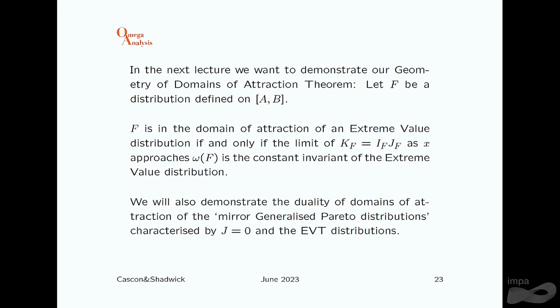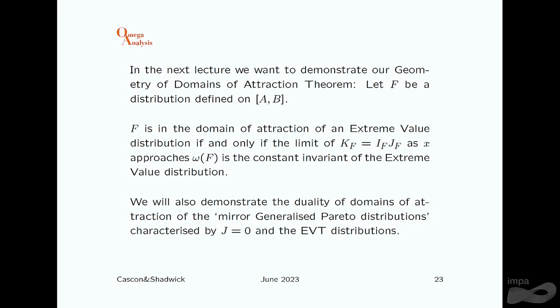if you start with a distribution on AB, which is in the domain where, again, these can be infinite or finite, when it's in the domain of an extreme value distribution, then you must have the same invariant as the extreme value distribution does in the limit, right?